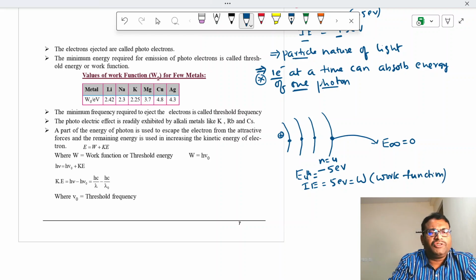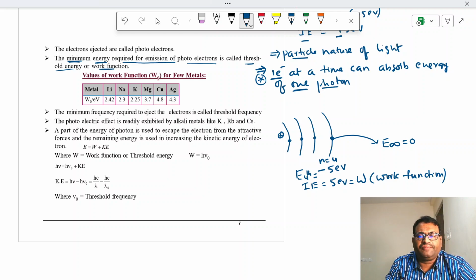There is some minimum energy required for the emission of photoelectrons, and that is called the threshold energy or work function.